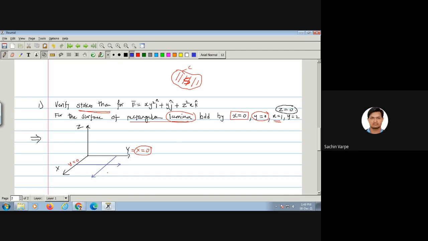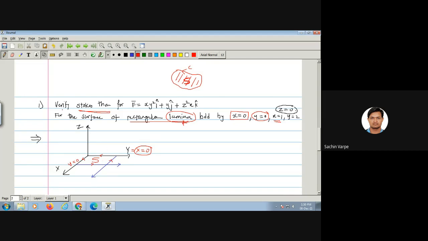So what is the surface bounded by these curves? That is this rectangular surface. Can you see this? This is a rectangular surface S, which is bounded by a closed curve C, which is in the anti-clockwise sense like this. Is this clear? And as it is a lamina, it is open.